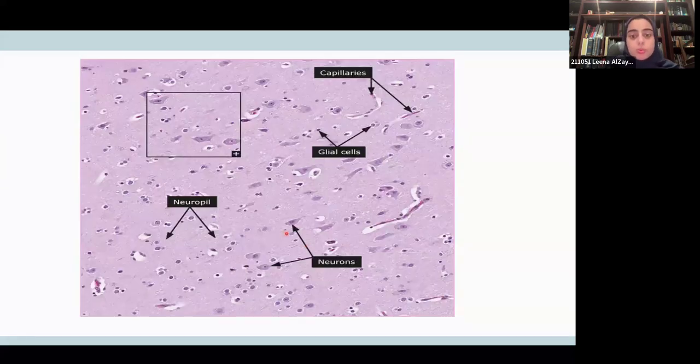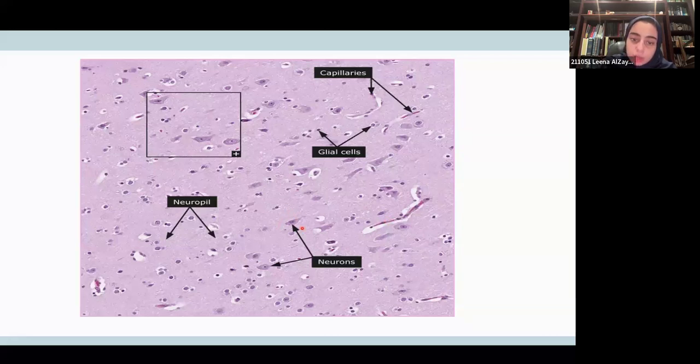This is another picture. As we said, these kind of triangular shapes are the neurons. The dotted shapes around it are all glial cells that support the neuron's environment, and any strands that are kind of pink and long are these capillaries. So this is a capillary, this is a capillary, this is a capillary.